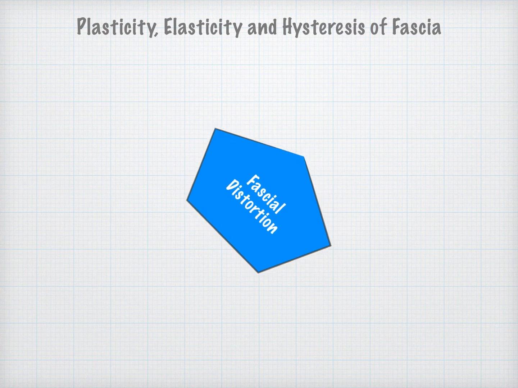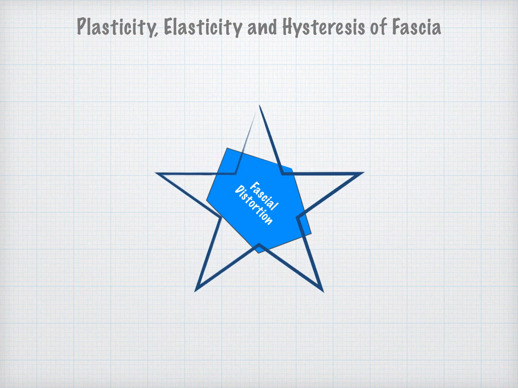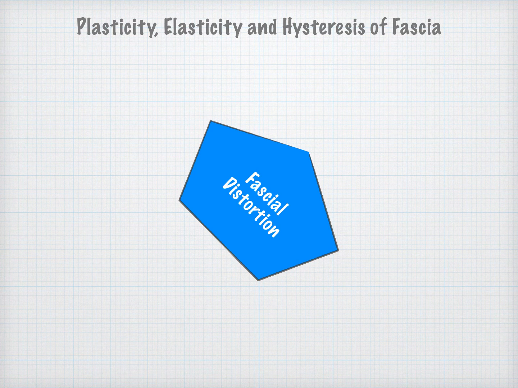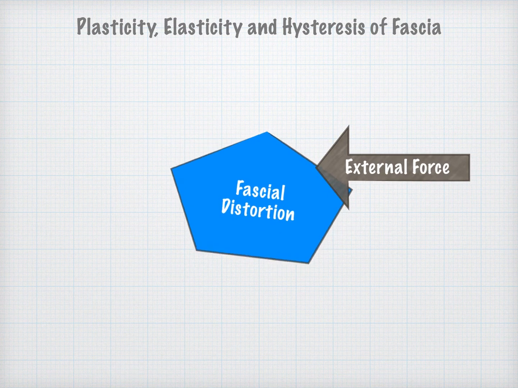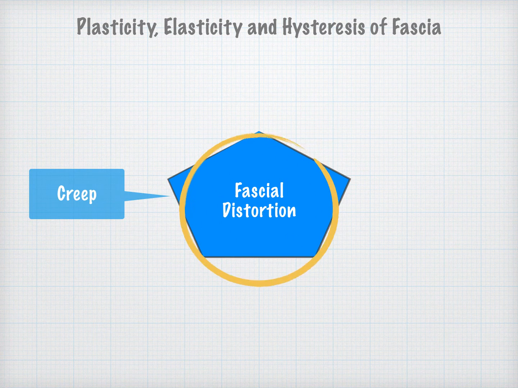Somatic dysfunction can include fascial distortion, which is associated with decreased plasticity and elasticity, as well as negative changes in energy content. Externally applied manipulative forces allow for connective tissue plastic and elastic changes referred to as creep, which are associated with hysteresis.